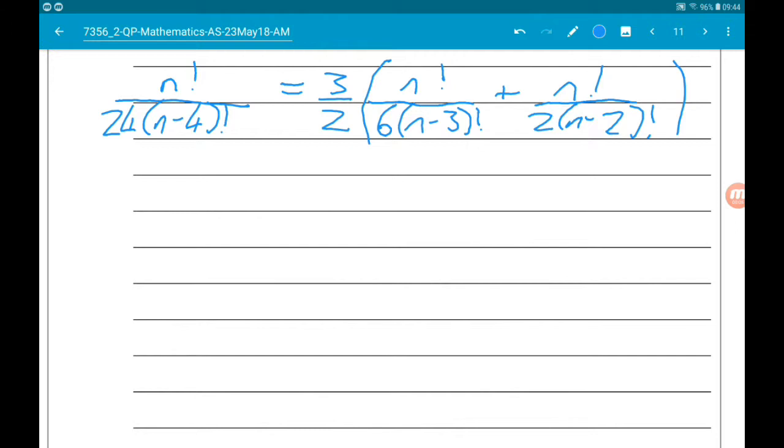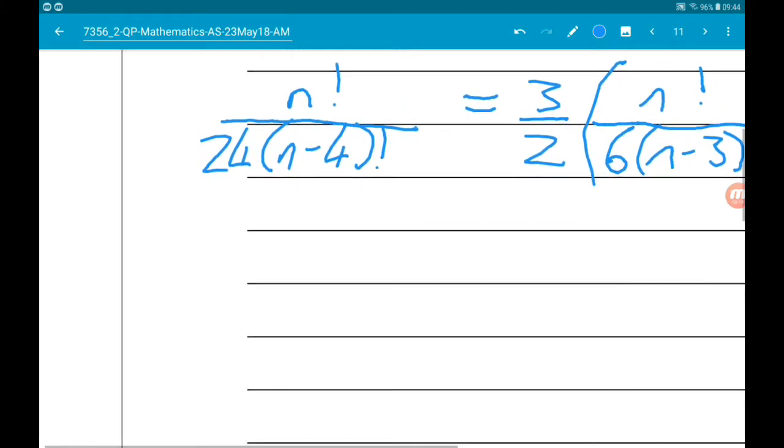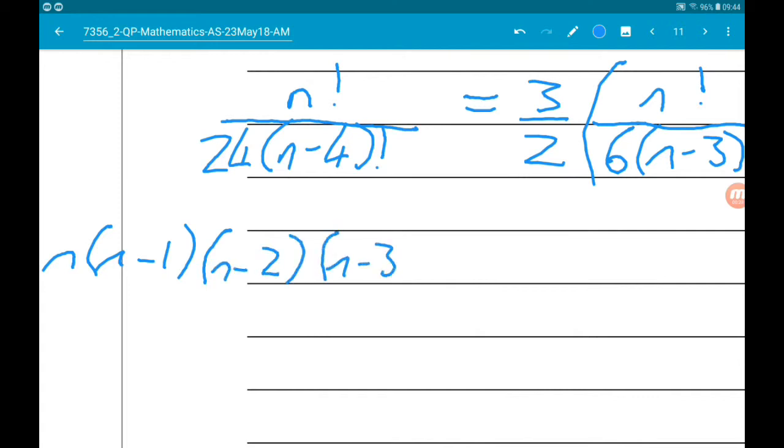Now this is where what we did at the start is really going to help us. So let's do each term. So n factorial we can think of as n times n minus 1 times n minus 2 times n minus 3 times n minus 4 factorial.